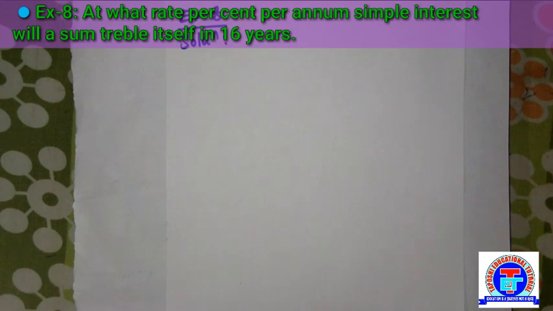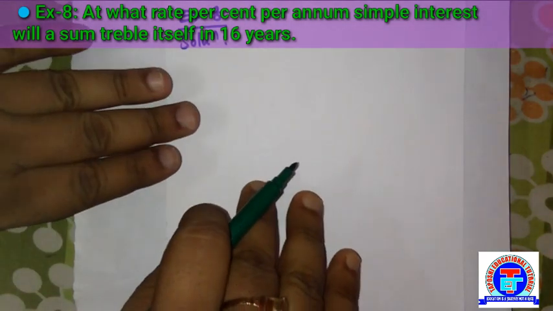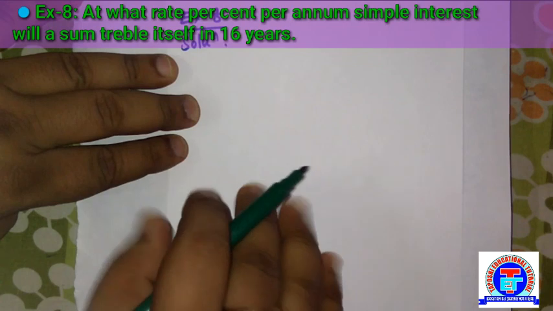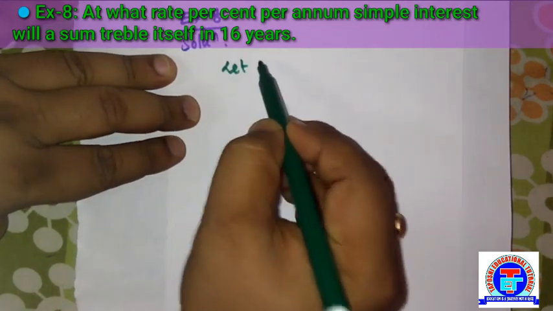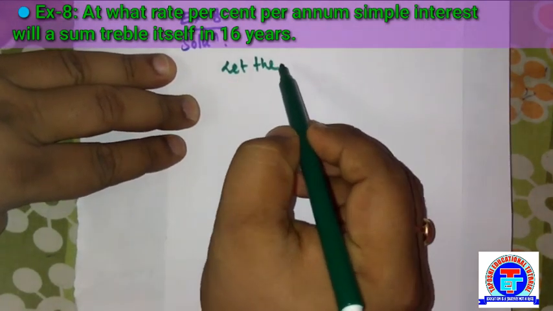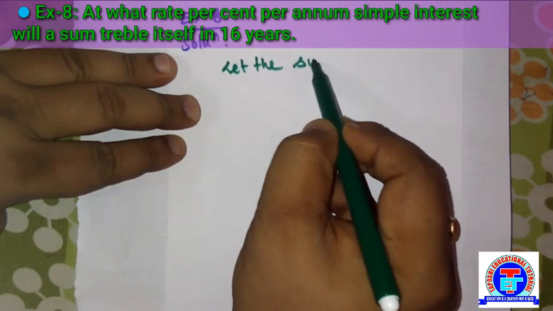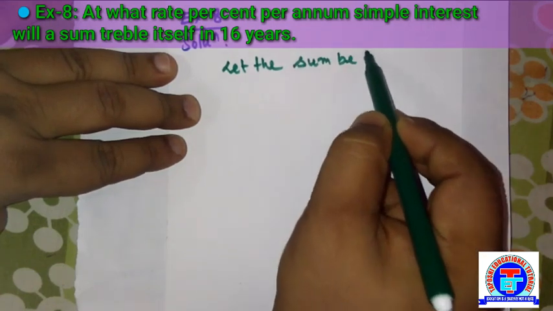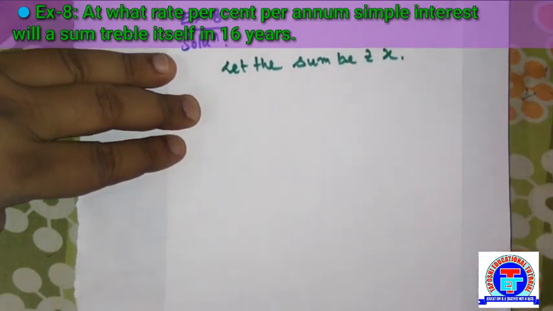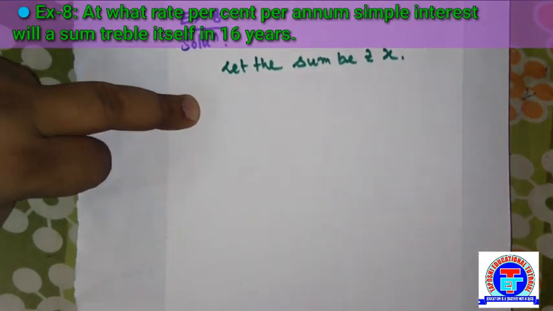Okay, so we find out the solution. Let's try. Here, let the sum be rupees x, right?